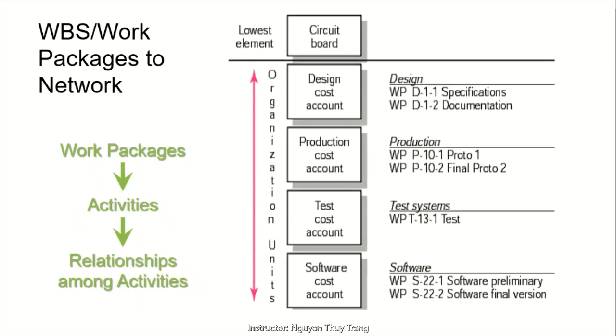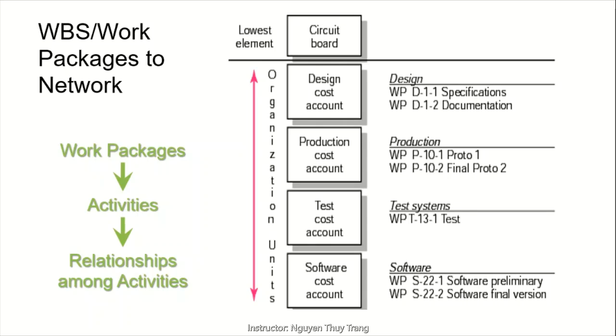Now, let's analyze an example of the eSlim tablet design project, which was mentioned in a previous section. One of the lowest level deliverables in this project is the circuit board. The cost accounts, design, production, test, and software, denote a project work or organization unit responsible for the work packages.